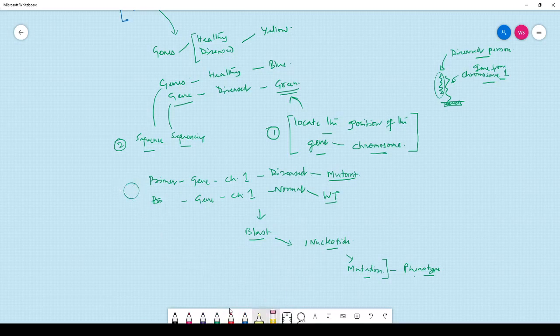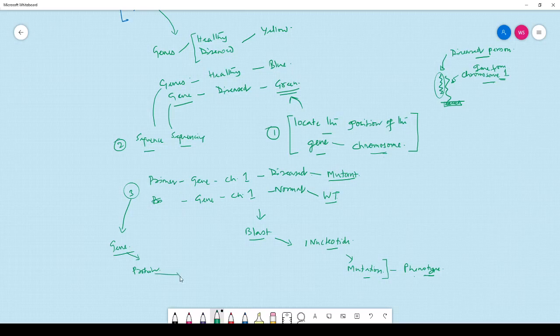Okay, so the third thing that we can do is we can now go back to this gene. From the database, we can see which protein it affects. So from the sequence database, we can understand which protein is secreted by this particular gene.